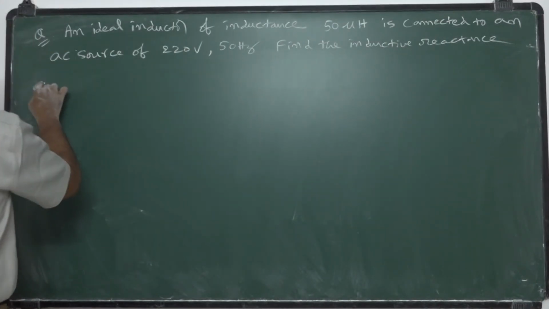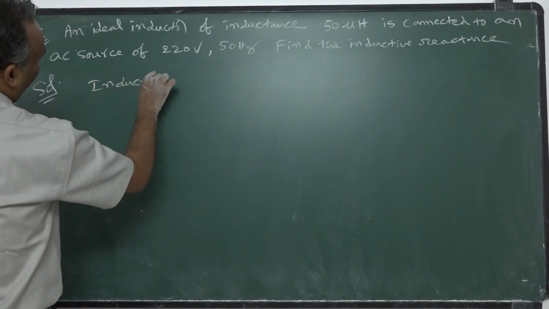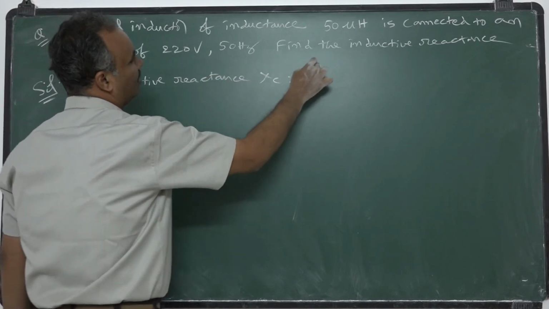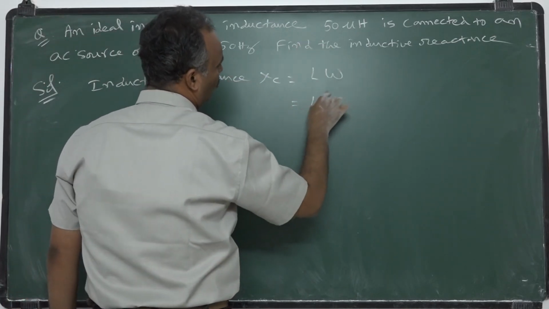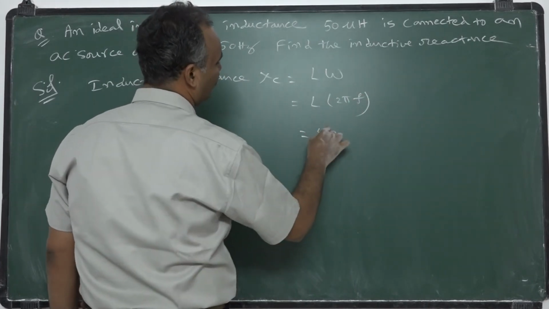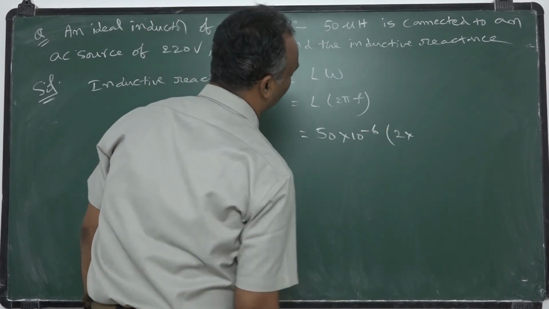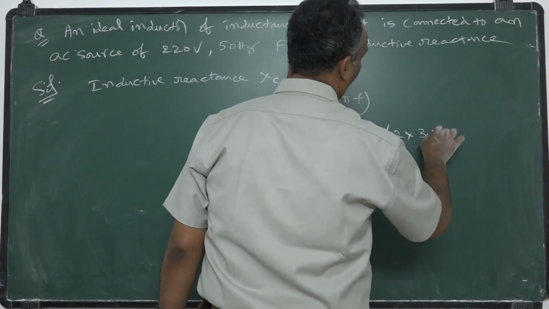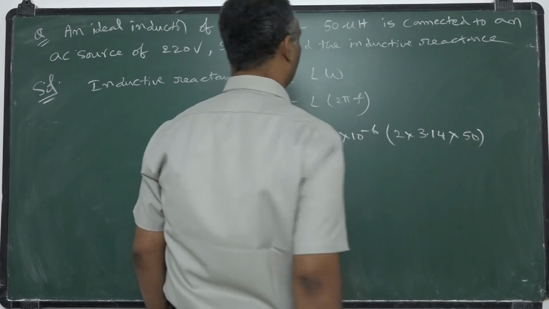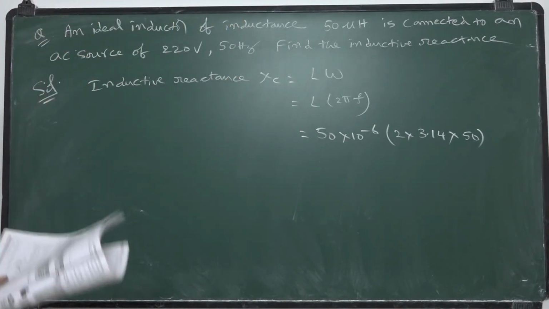Solution is very simple. Inductive reactance is represented as XL, that is L omega. Omega is nothing but 2 pi f. So L value they gave as 50 microhenry, that is 50 into 10 power minus 6. 2 into pi, value 3.14 you can write, frequency they gave 50. So if you multiply these, you will get the answer.